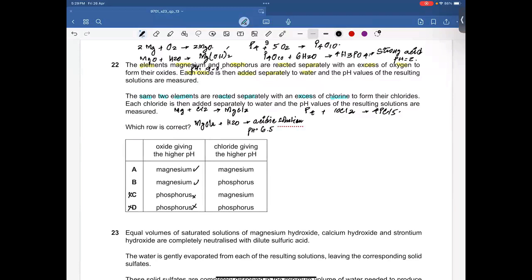And when PCl5 is added into water, you will get H3PO4 and HCl. And this is going to be your acidic solution. Acidic solution means lower pH, and lower pH means a stronger acid.